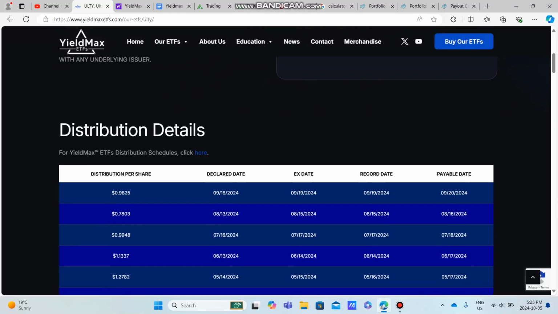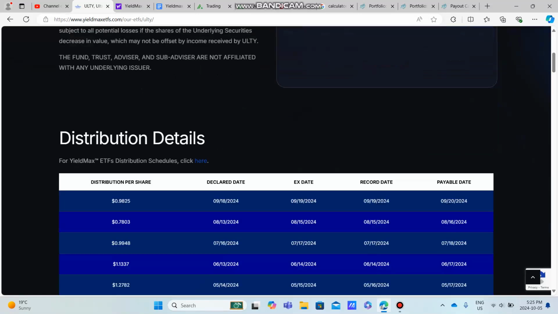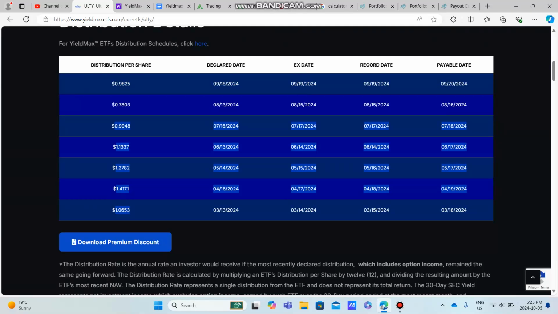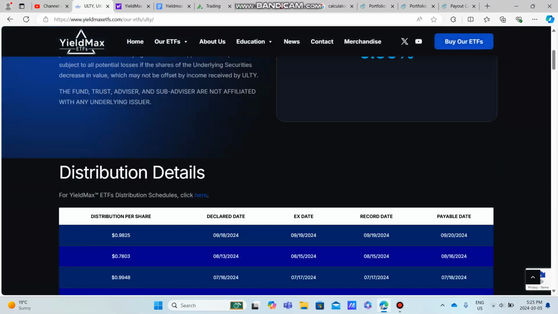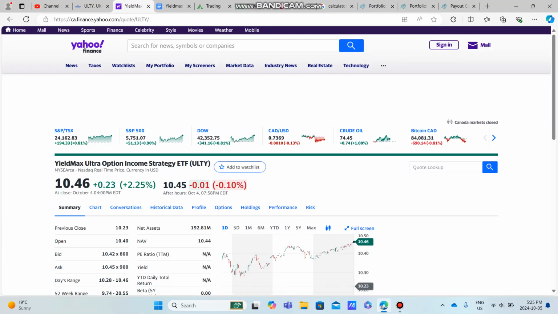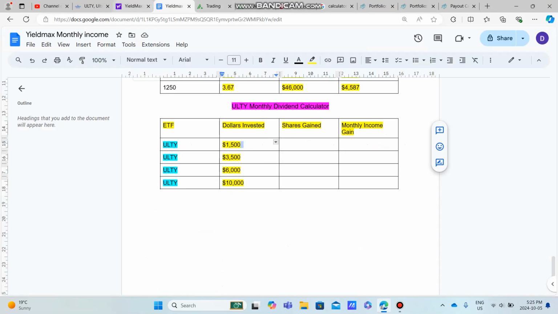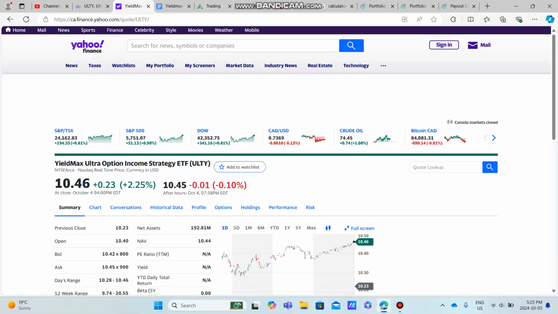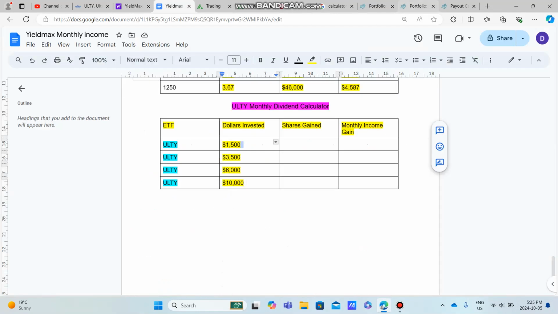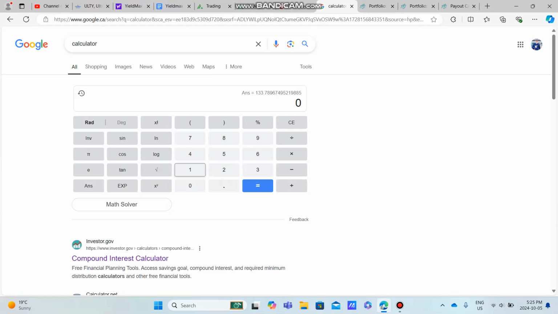Going off of this 98-cent dividend, that's what we're going to use. You can see in the past, they've actually paid out a majority of their dividends higher than 98 cents. So we are going to go off that most recent dividend, with a share price of $10.46. Let's do our first little calculation here. We have $1,500, and we divide that by the share price, which gives us our total amount of shares, 143.